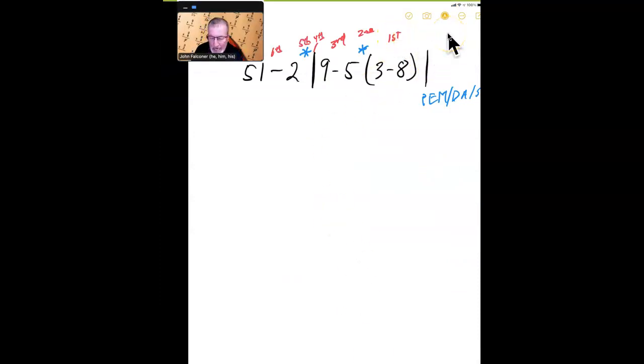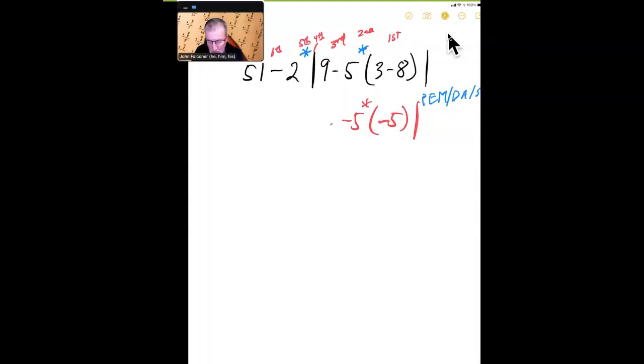So 3 minus 8 is negative 5. And I'm going to copy down everything else. We had a little multiplication here, and then 9, and the other absolute value bracket, and then 51 minus 2. And I like to think of these, if you've got subtraction or addition, you can think of that as the sign on those numbers, okay?